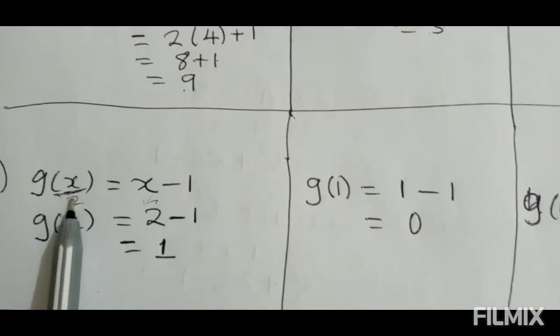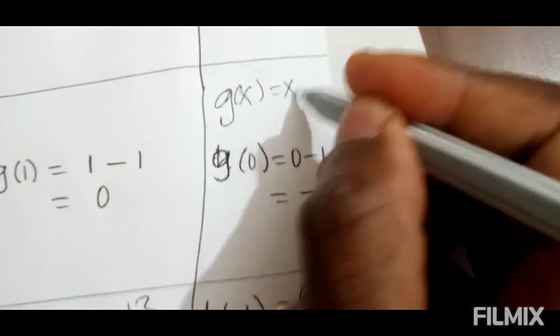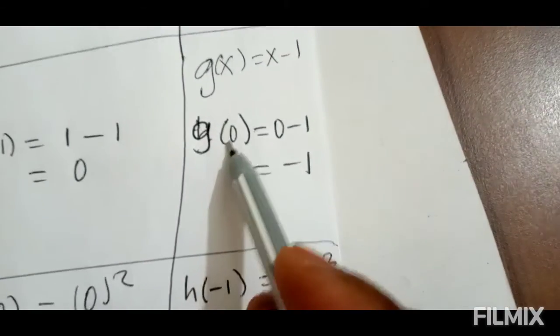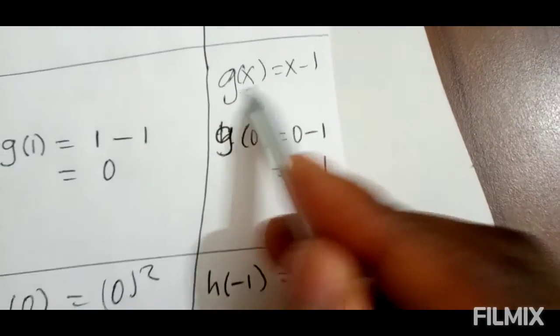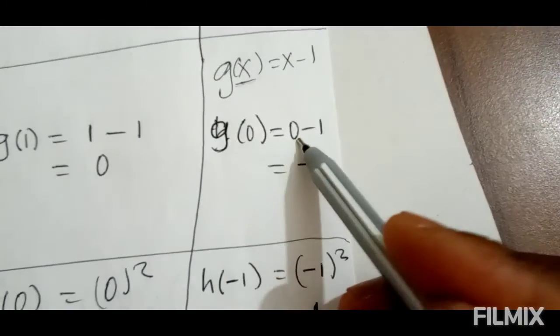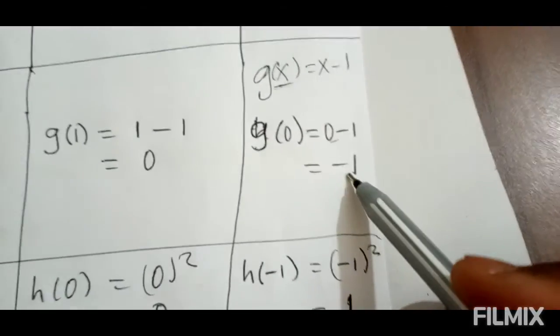Now 1 takes the place of x, so when we put 1 here, it becomes 1 minus 1, 0. Likewise, because g of x is x minus 1, 0 takes the place of x. So here we put 0 in place of x, minus 1. So we have 0 minus 1 is minus 1.